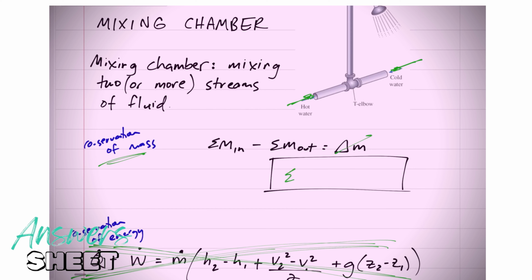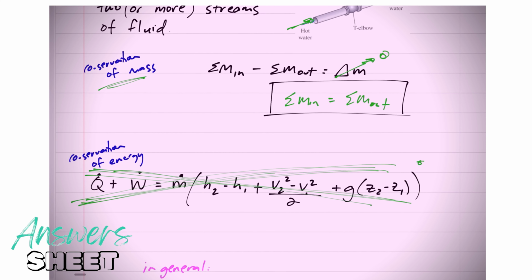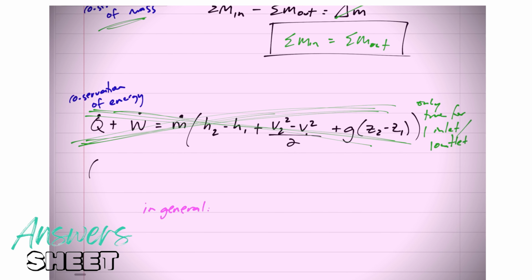If this is a steady flow device, there's no change in mass. The sigma m in equals sigma m out. This was only true for one inlet, one outlet. We've got to go back and start with this equation.